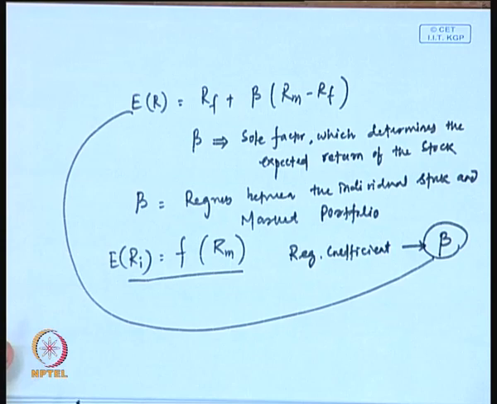In this context, the basic theme of capital market theory is to find those factors which can affect the expected return of a particular stock.